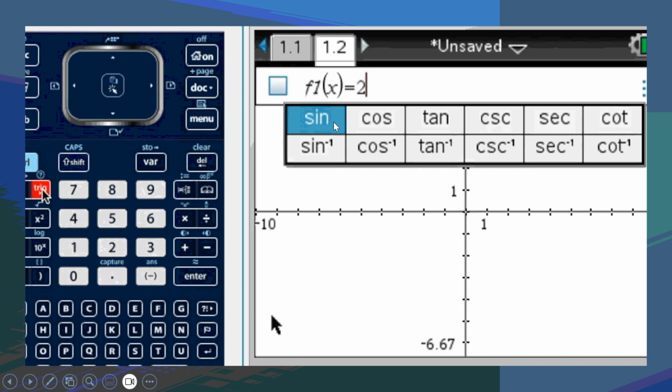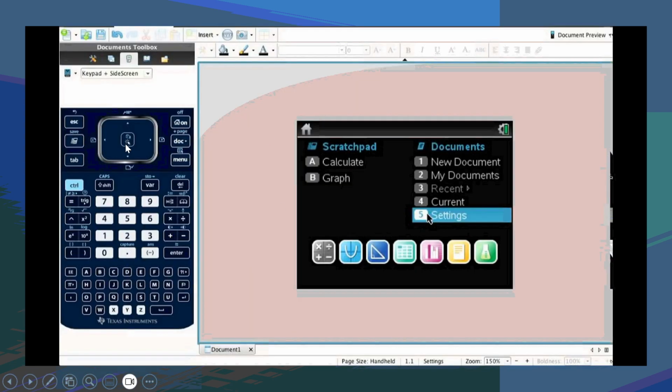And specifically today, we're not looking at the inverses, so we're just looking at sine, cosine, tangent. Another thing is to make sure your calculator is in degrees mode, which you can do in the settings. Degree mode should be the default setting, but it doesn't hurt to double check, especially before you begin an assessment.